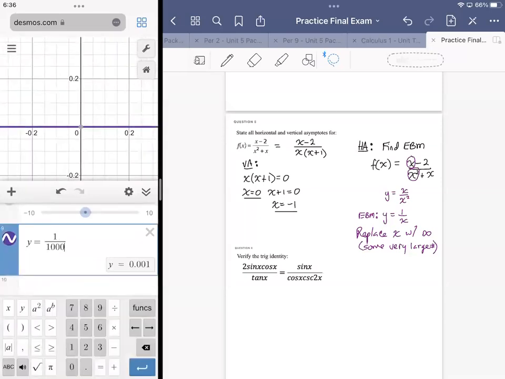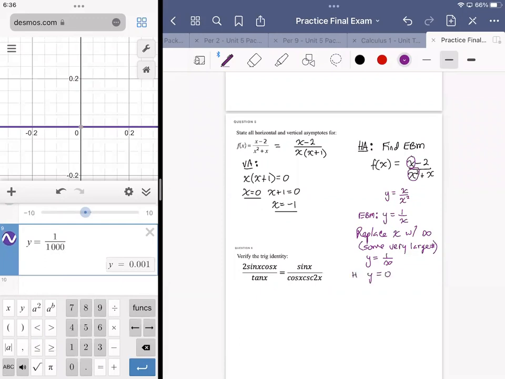But it's pretty clear that the bigger I make the denominator, the closer this horizontal line is getting to the x-axis. And so that would make this value, if we could get infinity in there, y equals 1 over infinity. 1 over infinity would be equal to 0.